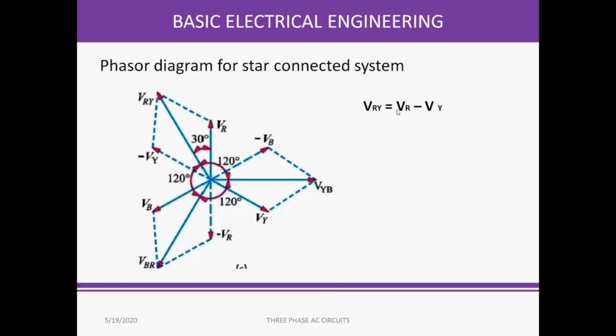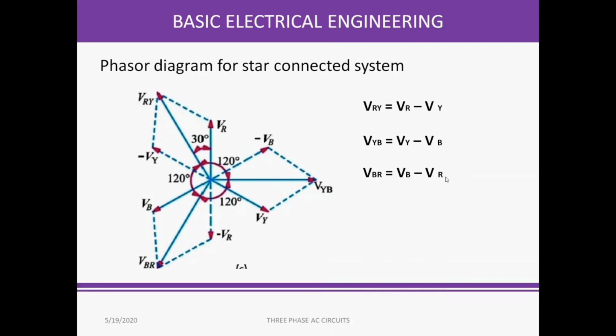It means these are the phase voltages. So when I subtract vector VY from VR, I'll get VRY. Similarly, VYB is VY minus VB and VBR is equal to VB minus VR.